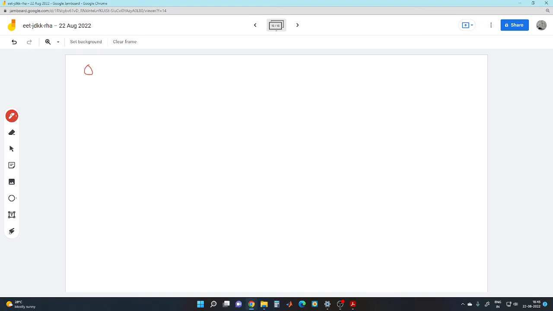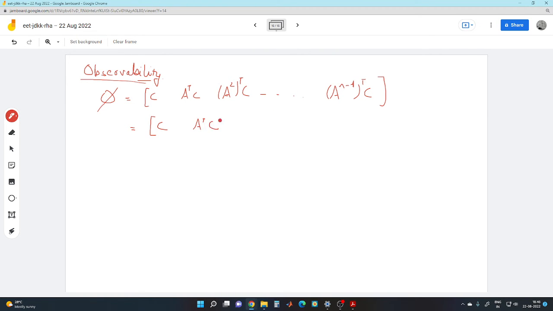For observability, to see if we can observe or sense the system completely, we use the O matrix with a cut on it, and we write it as C, A transpose C, A square transpose C, up to A n minus 1 transpose C. Because n is equal to 2, we only need to go up to C and A transpose C.